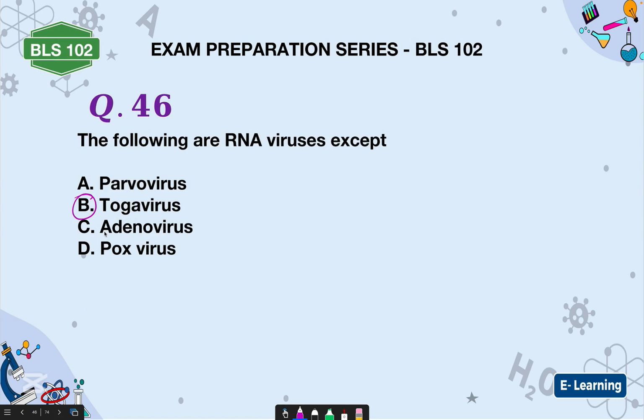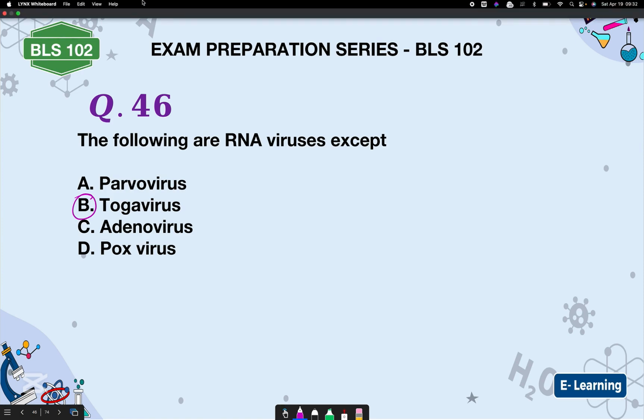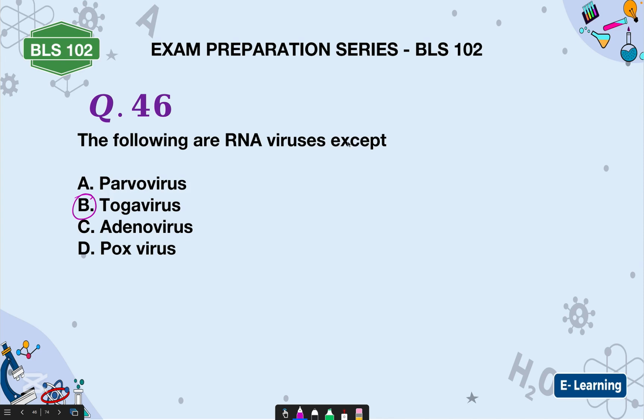The following are DNA viruses, except. Most of the following are DNA viruses, except. So please take note of that. It is a confusion from the pit of hell. All right. Toga virus is an RNA virus. Also, picornavirus is an RNA virus.